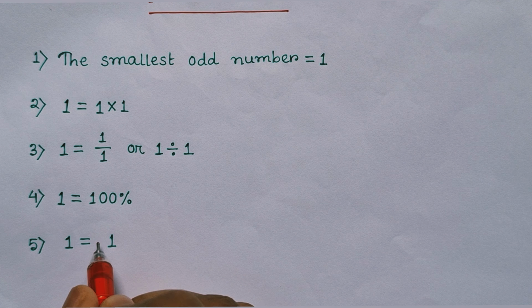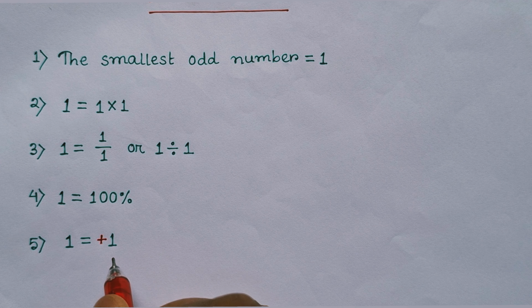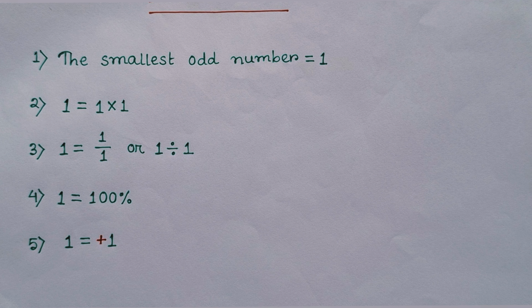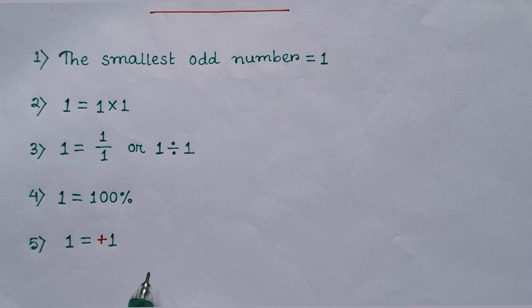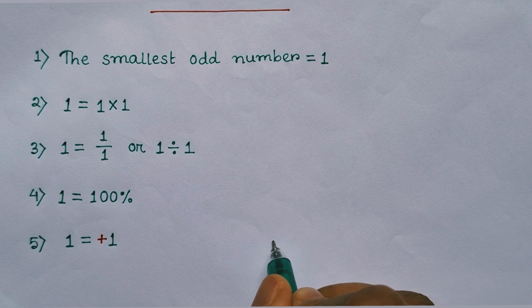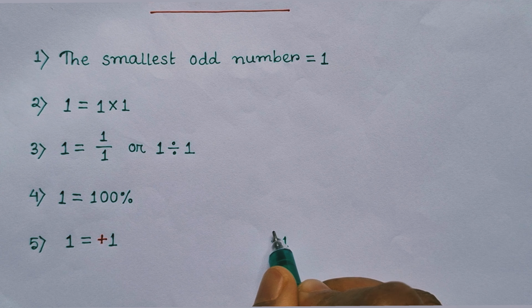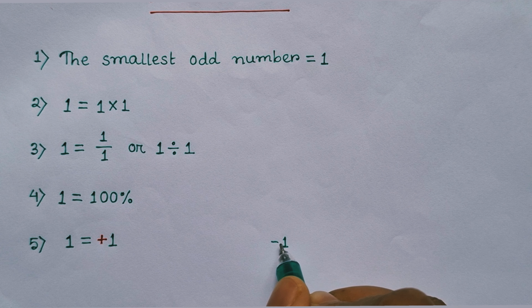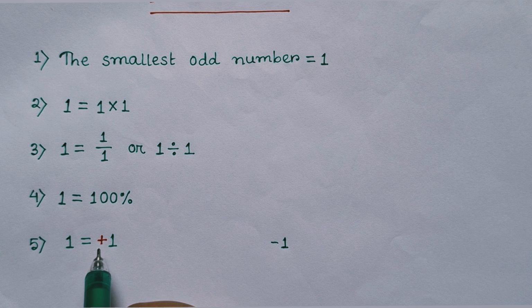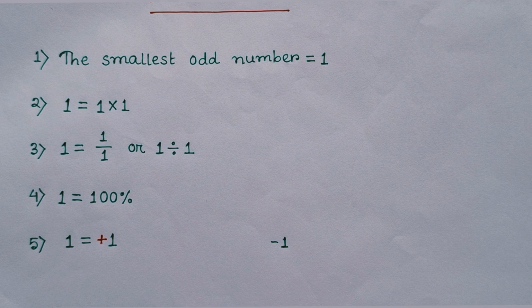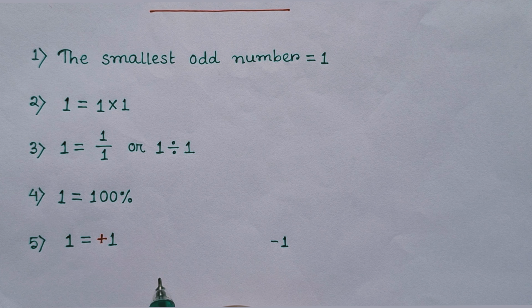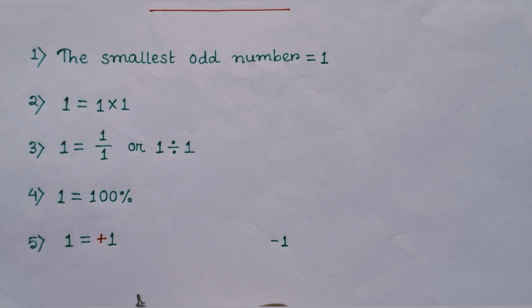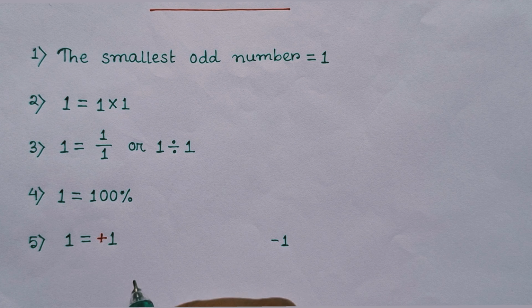That means there is always a positive sign before the number. In case of negative numbers, the sign should be explicitly mentioned. Suppose here it is written -1. That means this is a negative number because the sign is mentioned explicitly. But in case of positive numbers, the sign is often not mentioned, and we have to consider it a positive number.